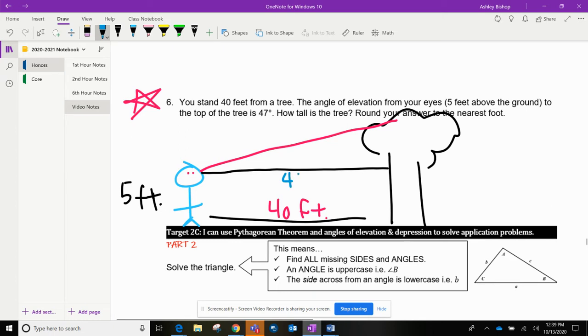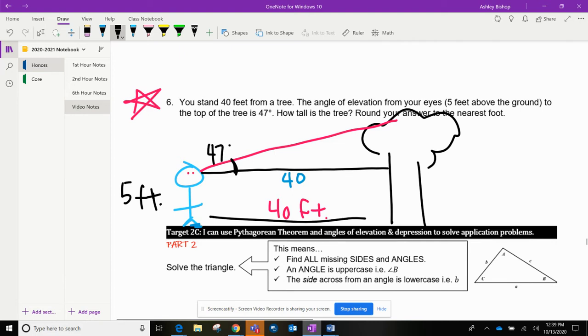Think about that carefully. If from the bottom of my feet to the tree is 40 feet, then from my eyes to the tree is also 40 feet. Any part of my body that is 40 feet away from the tree will be the same because it's all one body, okay? And then the angle of elevation is 47 degrees.